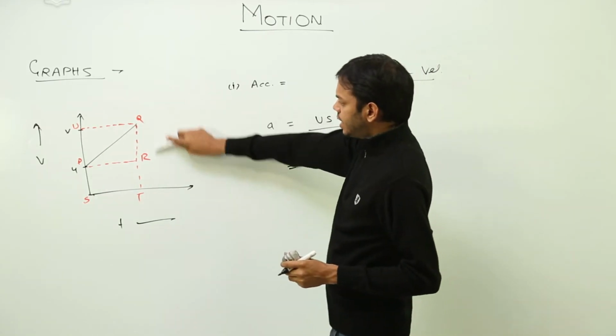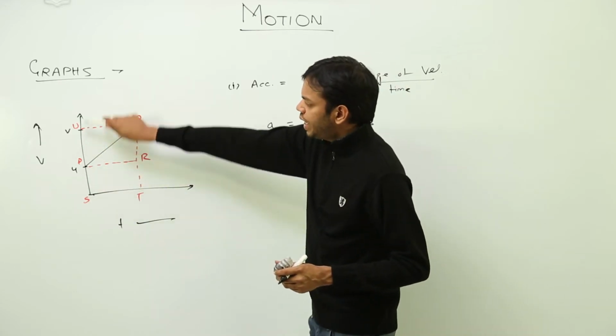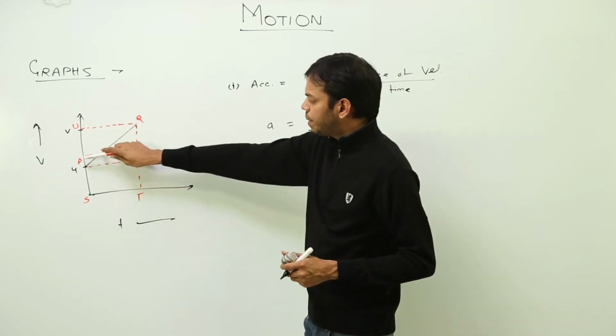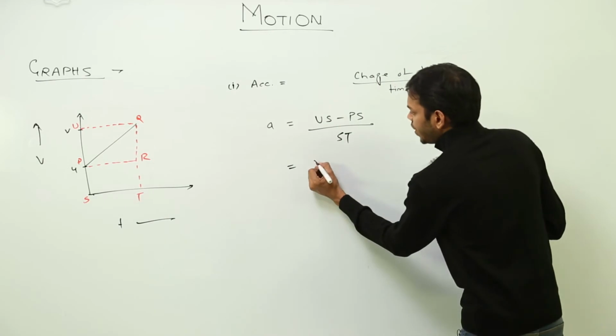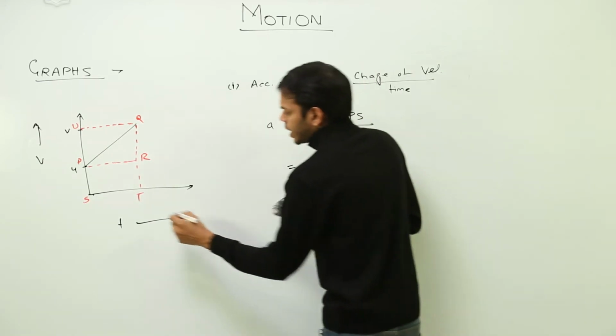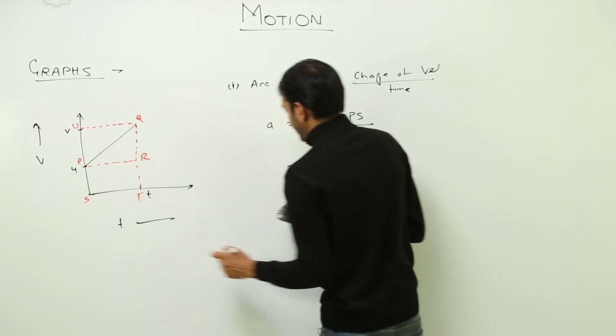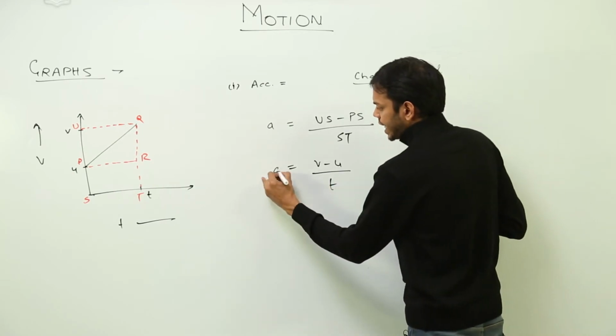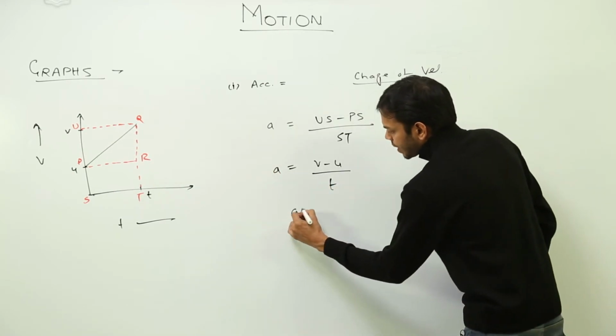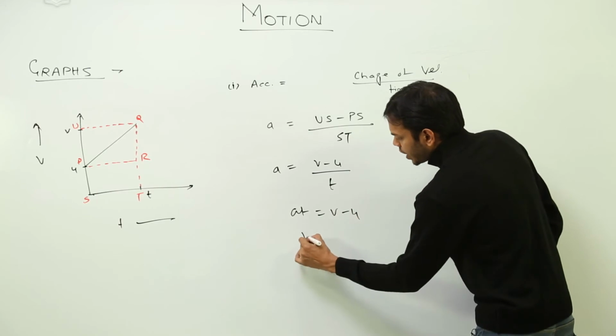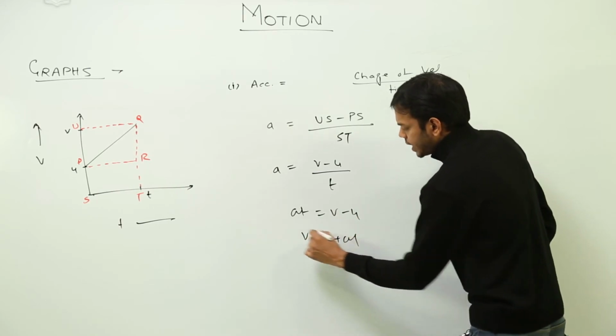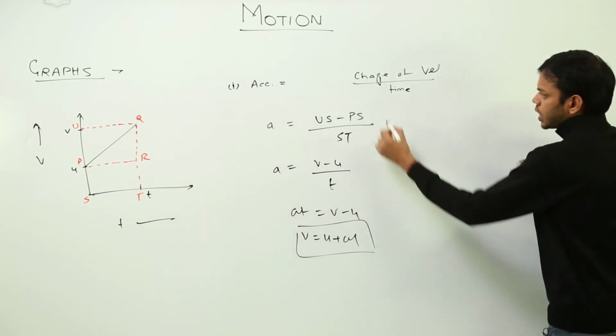US is this distance, which is V according to the graph, and PS is U. So V minus U upon the time interval here is T. I'll get a, which is acceleration. Cross multiply, AT is equal to V minus U, and you will get V is equal to U plus AT. The first equation of motion.